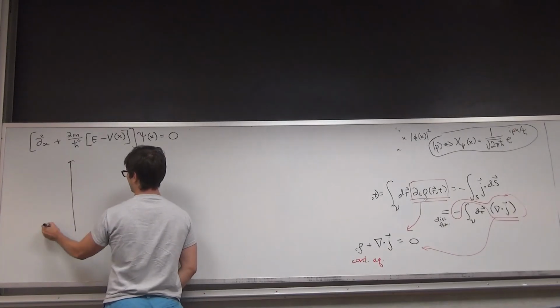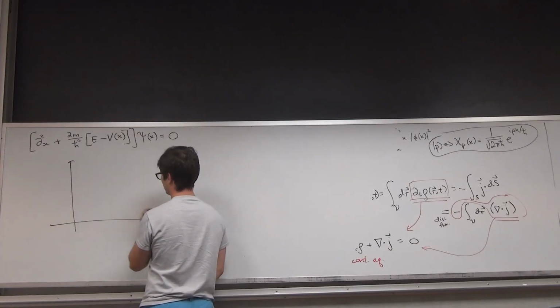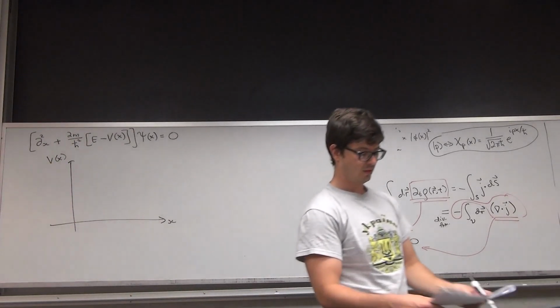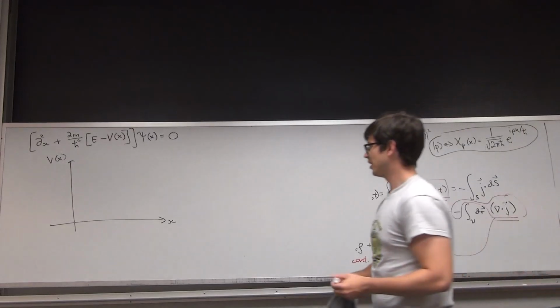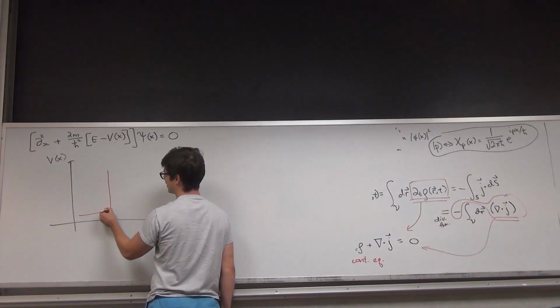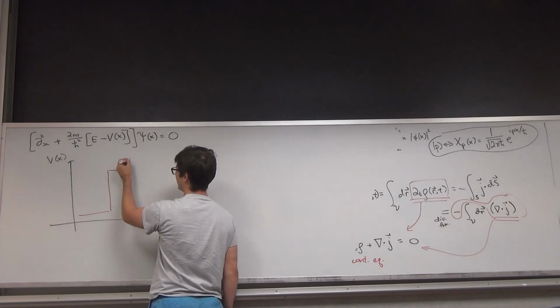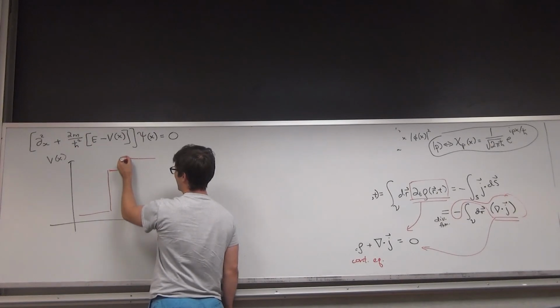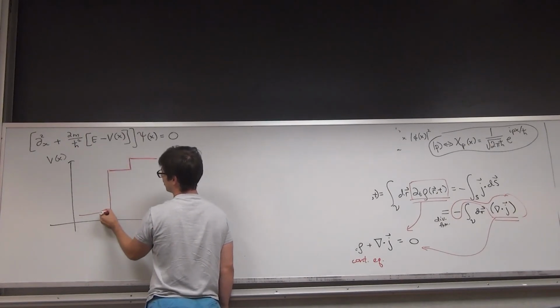So we're going to look at various V's of x, and they're all going to, for now, look something like this. There will be flat pieces and then some jumps like that. It will be flat, and it will instantly jump at certain values.